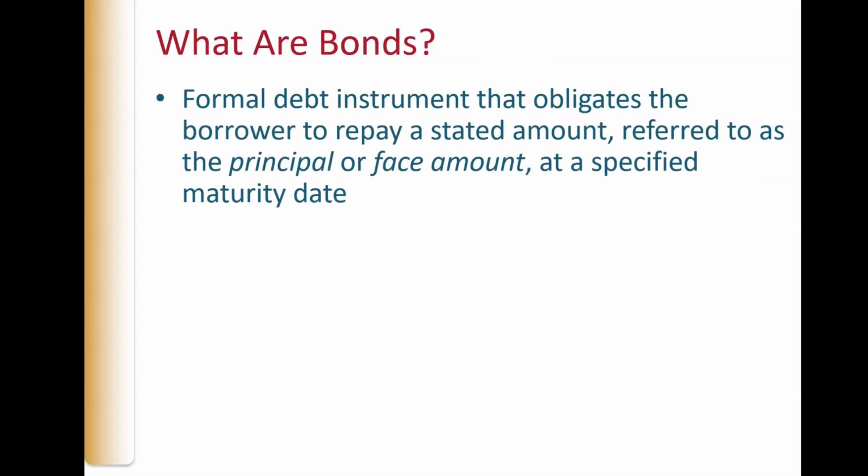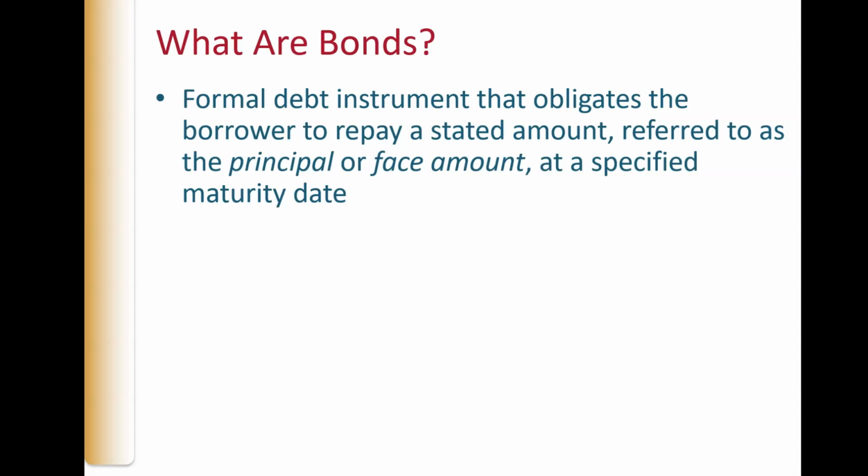I want to talk now about bonds. This is what we're going to focus on mostly in this chapter. A bond is a debt instrument. So the way bonds are paid out is if you purchase a bond from someplace like City of Tucson, they're issuing bonds to repair the roads.